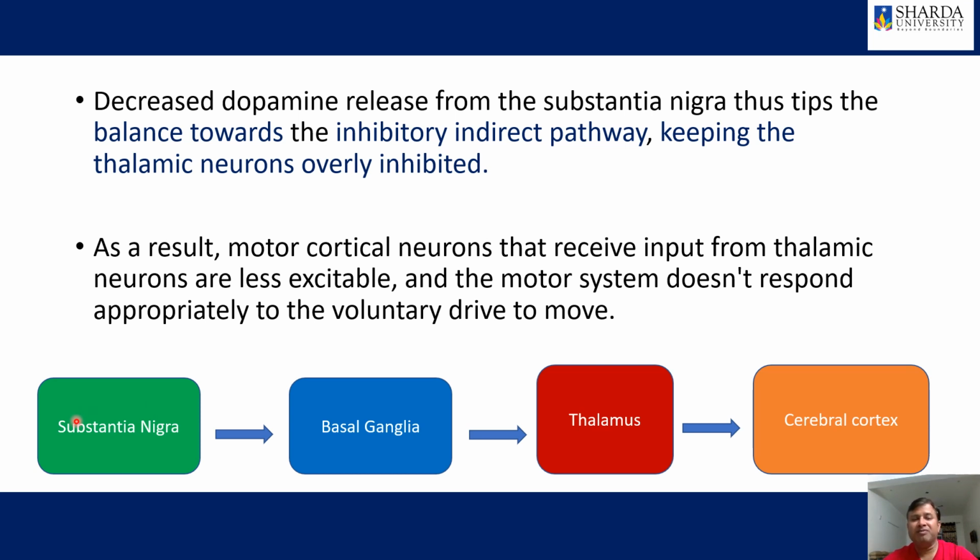In that condition only inhibitory signal comes to the basal ganglia, and basal ganglia carry the information to the thalamus and cerebral cortex. Because inhibitory signal is coming to the cerebral cortex, movement will be reduced. So the Parkinson patient has very slow movement.